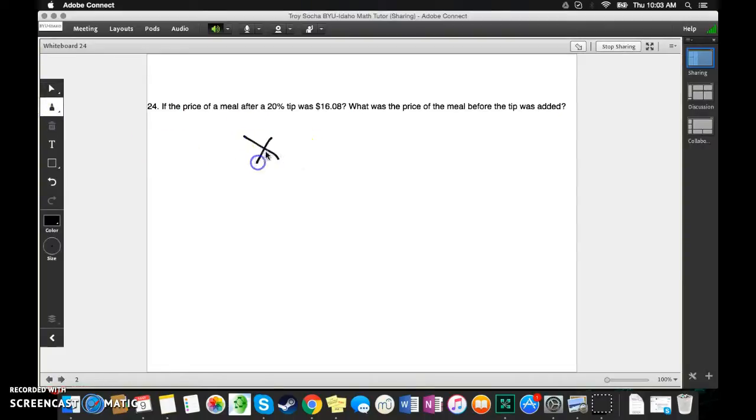We need to find the tip first. So we're going to have X equal the tip. If 16.08 were my tip, I'm going to times that by 0.2 to find what X was. So let's do that. I keep closing my calculator.